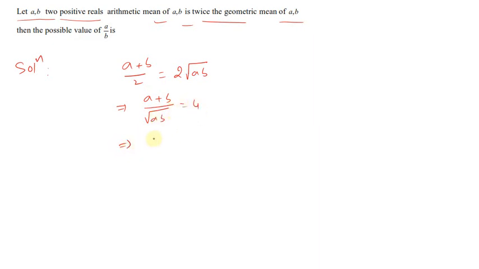This implies root of A by B plus root of B by A equals 4. I just split it into two parts, A by root of AB, so you are getting root of A by B, plus B by root of AB, root of B by A. So this is in the format of x plus 1 by x equals 4.